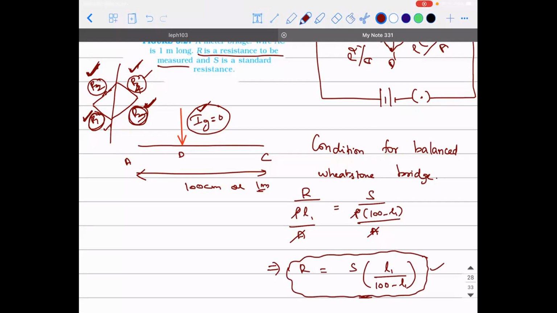Clear? So this is how you practically find the unknown resistance using a device called a meter bridge.